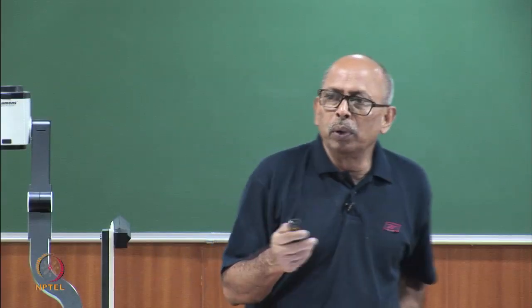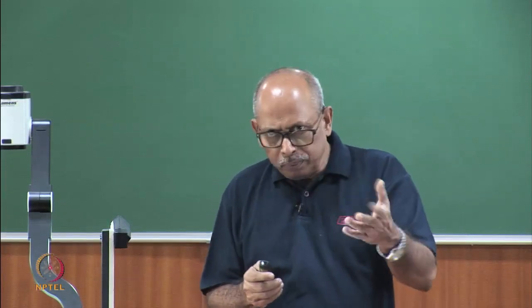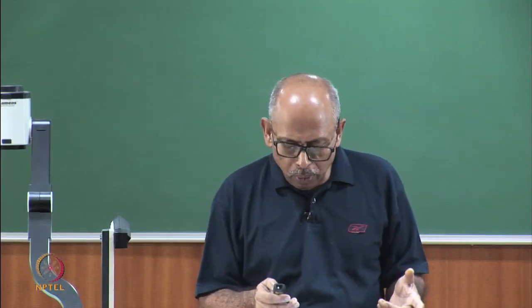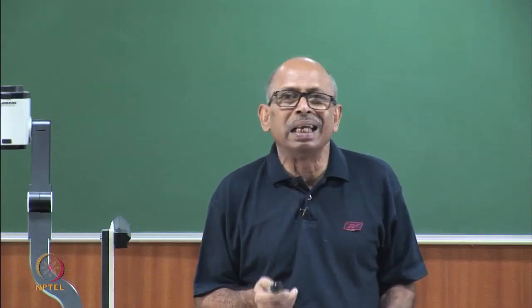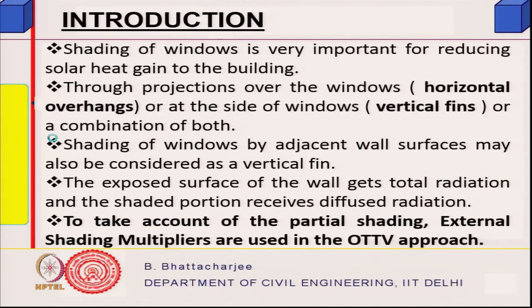So, before we look into the texture for some time, we will look into something called external shading multiplier. Basically, we have looked into that shading of the window is very important.